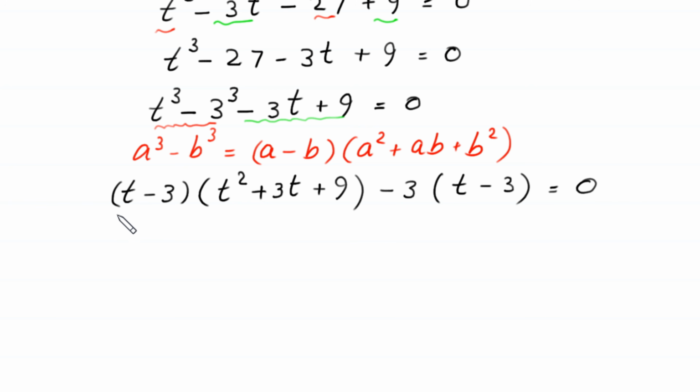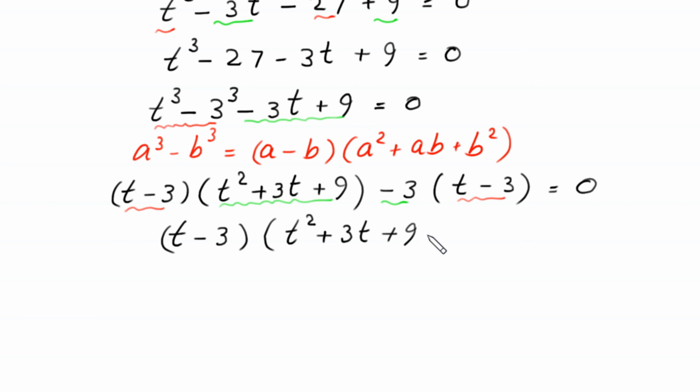Now this t minus 3 and this t minus 3 is common. So we factor out this t minus 3. And in bracket left this t squared plus 3t plus 9 and this negative 3. In bracket left t squared plus 3 times t plus 9 minus 3 is equal to 0.